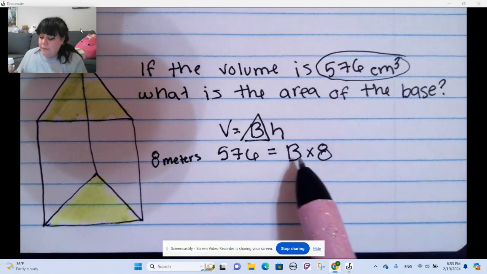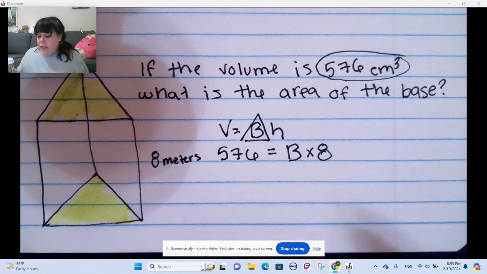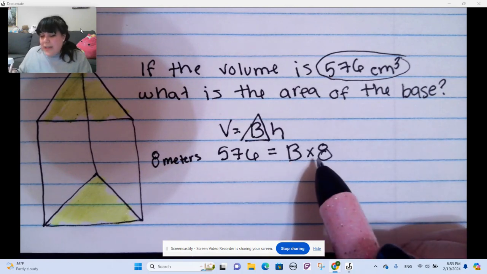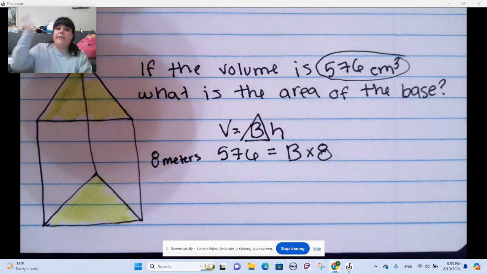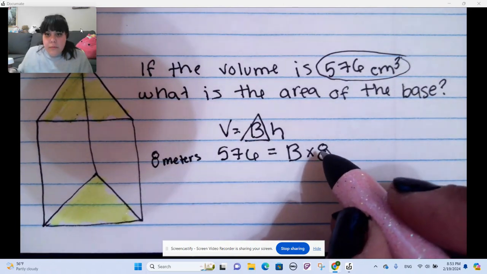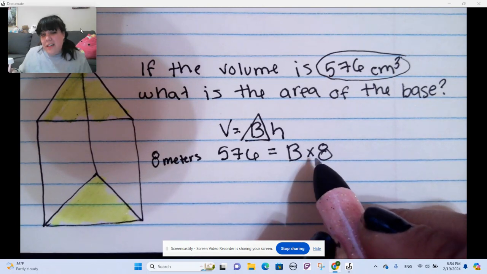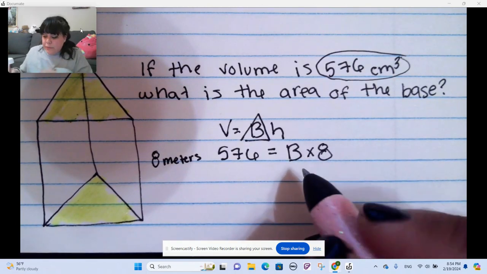So what I'm looking for is this area of the base, the big B. So now I ask myself, how would I solve for B? How do I get rid of my 8? How do I move it over to the other side? Well, I ask myself, what operation is going on? Well, B and 8 is being multiplied. So I have to do the opposite to move it.